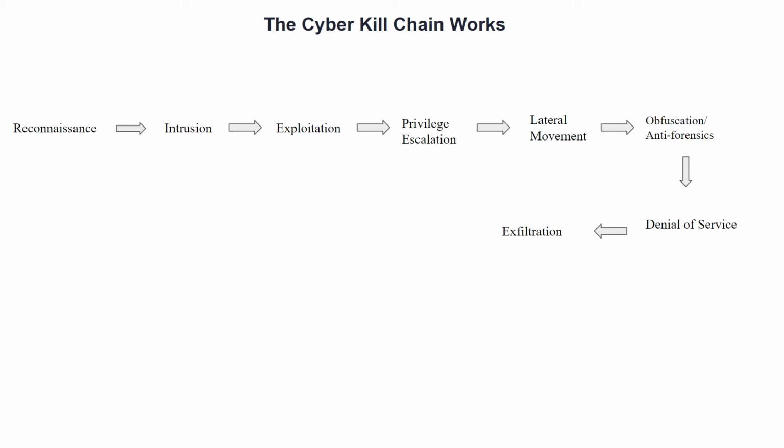So if we were to talk about the differences between the diamond and the cyber kill chain, the biggest difference is that the cyber kill chain follows a linear pattern, and the diamond can go any way: up, down, left, right, in circles. That's how the diamond model works, as we all know how a diamond looks or how it's shaped.